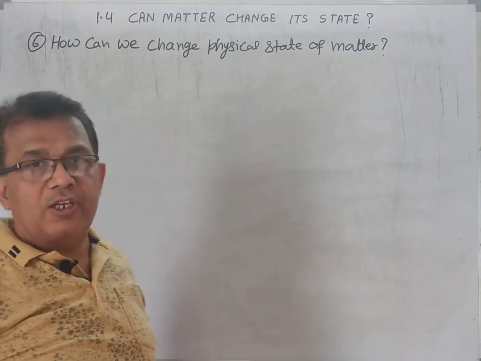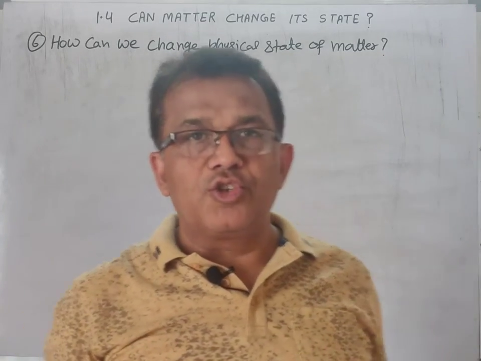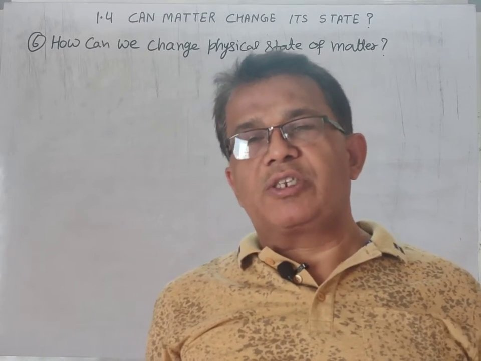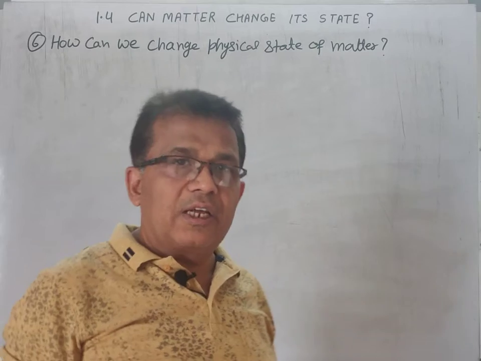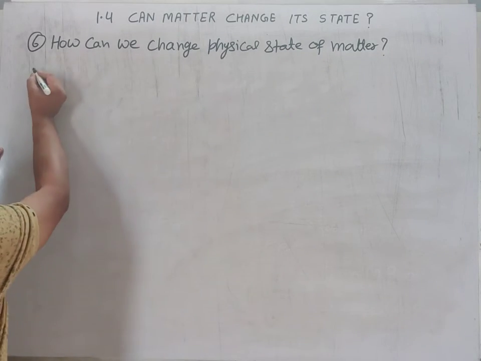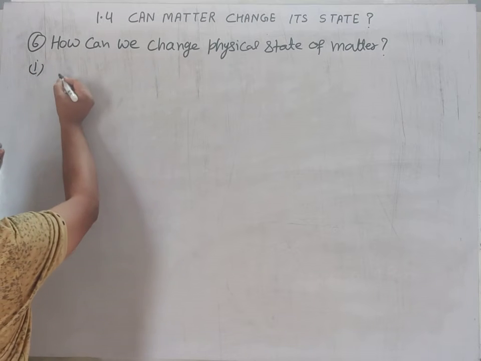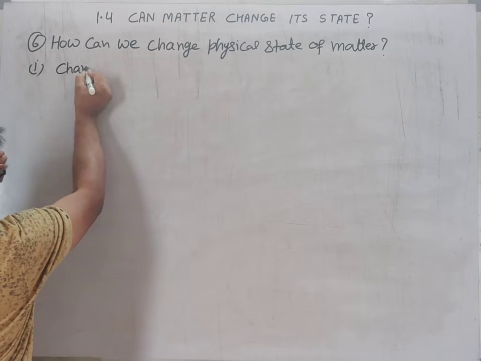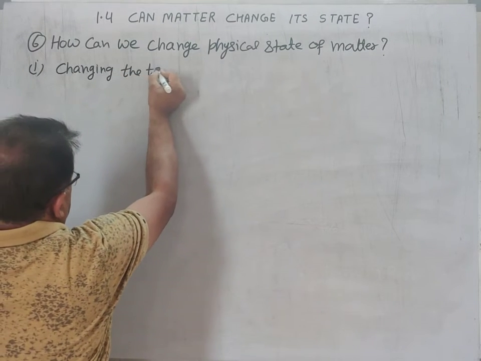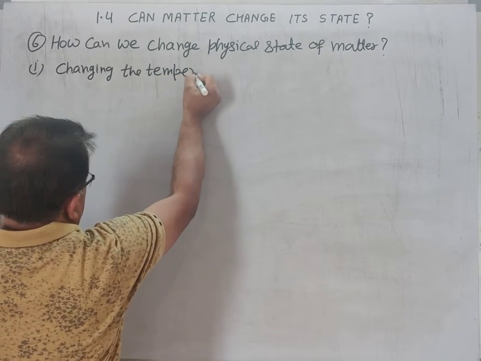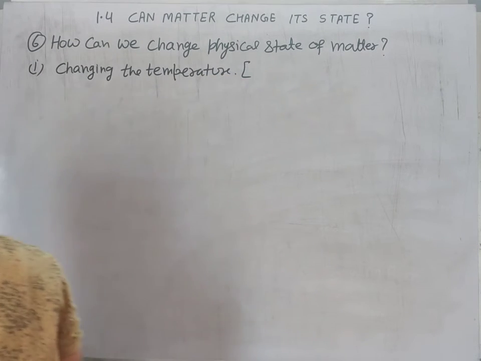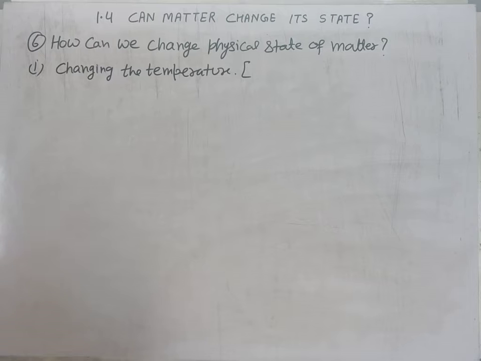We know that there are three main physical states of matter: solid, liquid and gaseous. So we can change one state into another either by changing the temperature or by changing the pressure. Changing the temperature means either by cooling or heating.